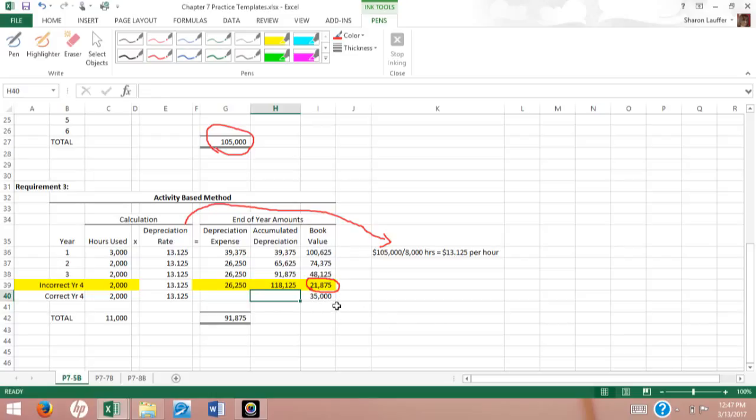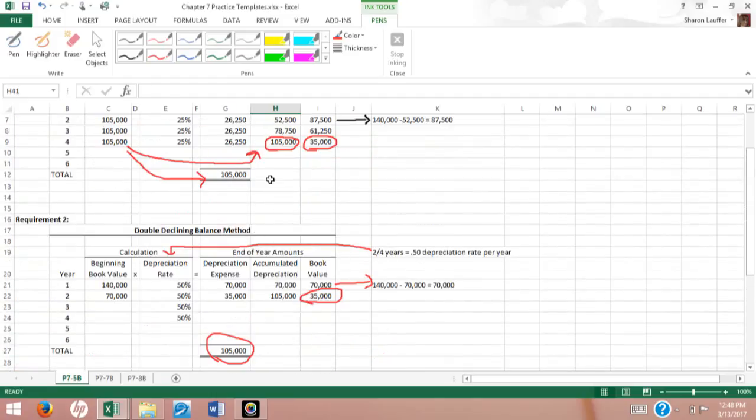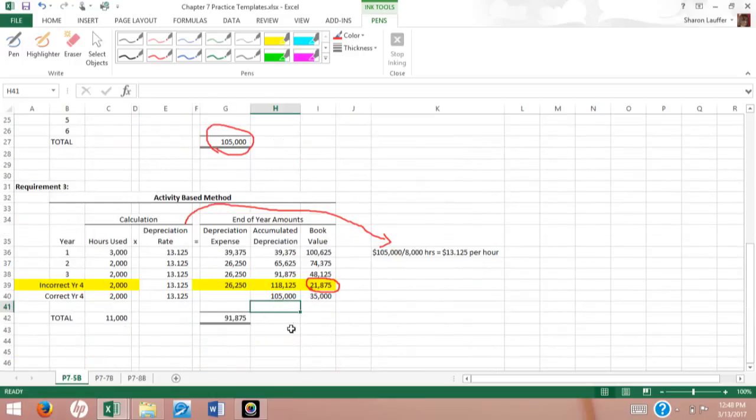So if we're only going to depreciate down to $35,000, we can only take $105,000 in accumulated depreciation. And that is actually the same as the accumulated depreciation we took up here. So still we are only going to depreciate a total of $105,000.